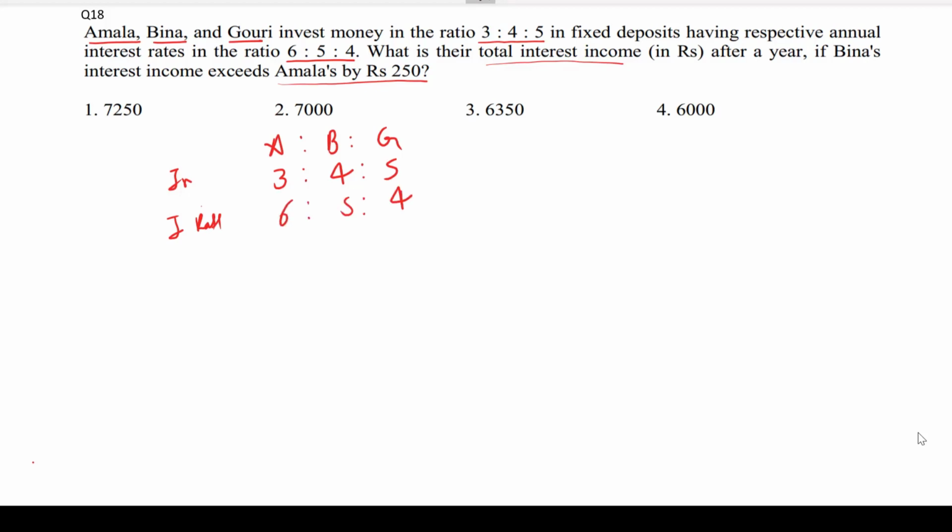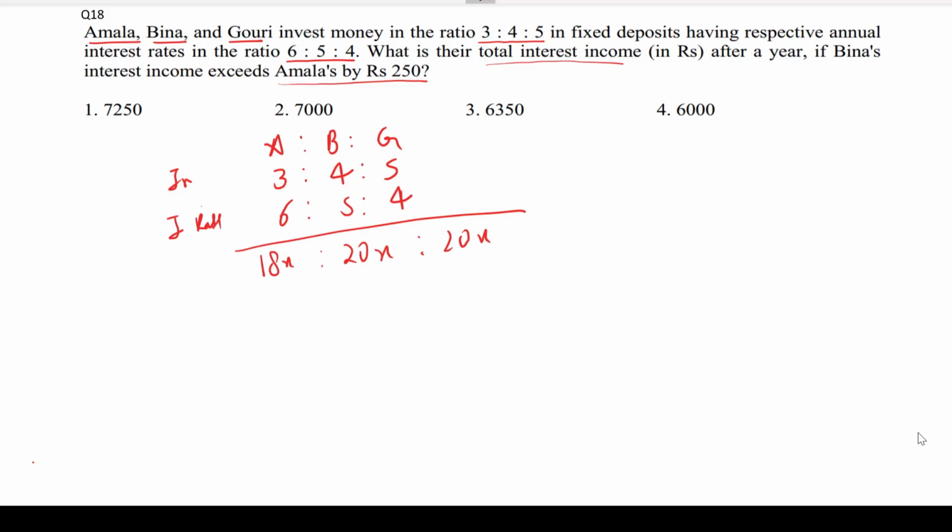For such questions we don't require to do all the calculation like percentage times x by 100. We will solve this question directly without neglecting the 100. So the returns will be in the ratio 18x, 20x, and so on.